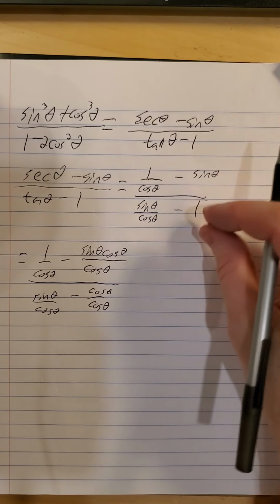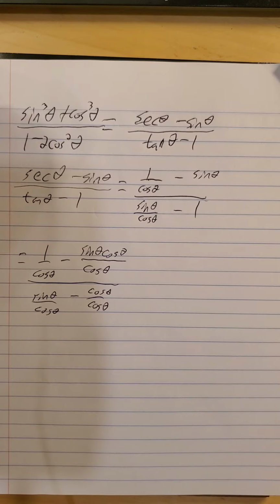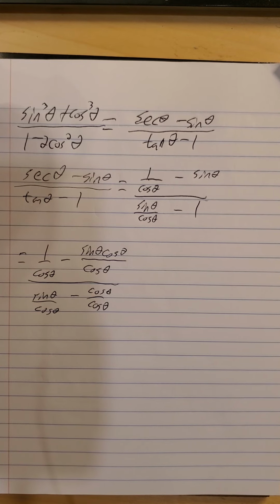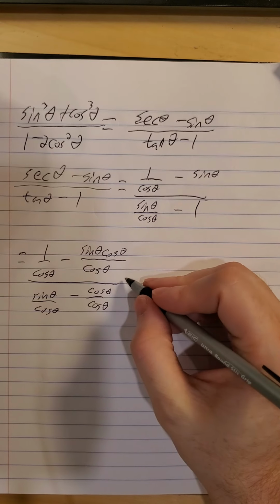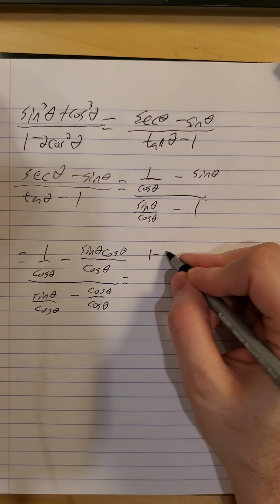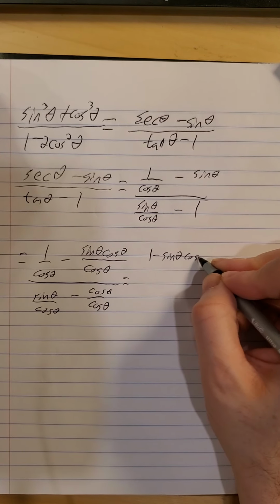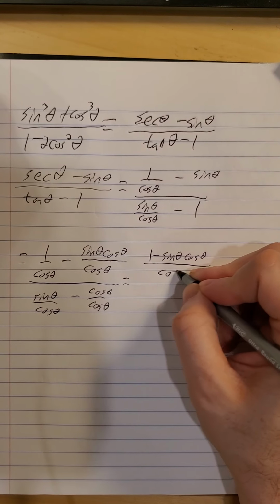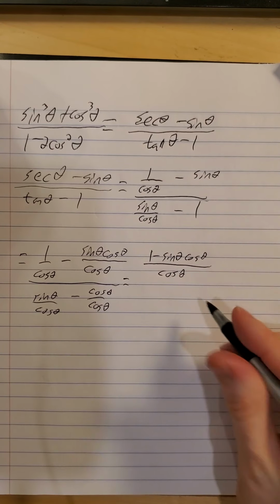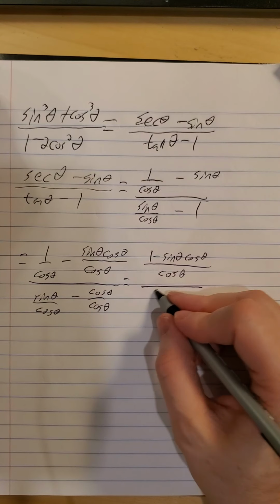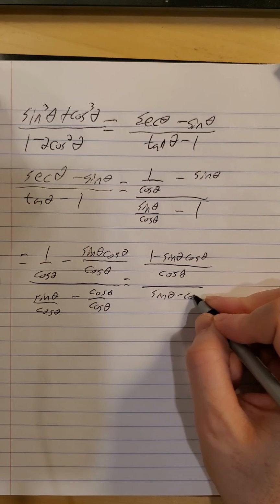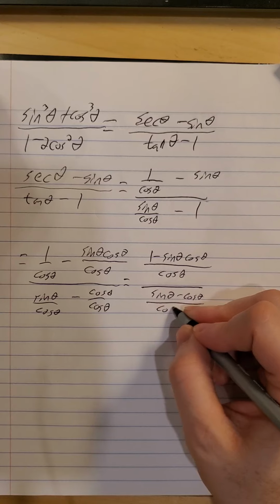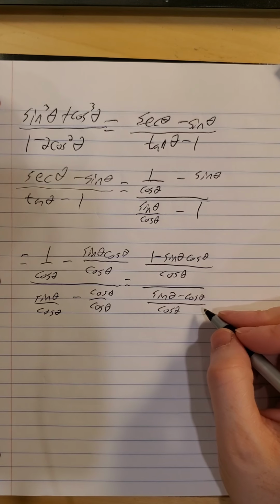So each of these we hit top and bottom with cosine theta. So up top, now I can write it as 1 fraction. On the bottom I can also write it as 1 fraction. So up top I have 1 minus sine theta cosine theta over cosine theta. Kept the common denominator. On the bottom, sine theta minus cosine theta over the common denominator, cosine theta.